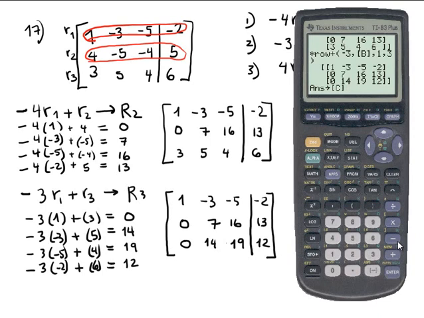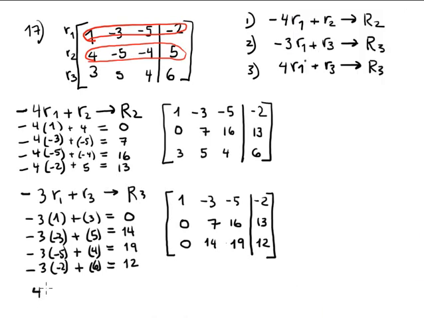Okay, let's continue. Now the last row operation is 4R2 plus R3, stored in row 3.